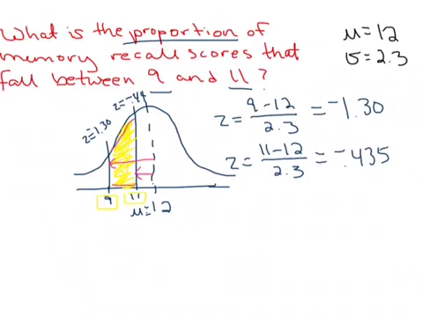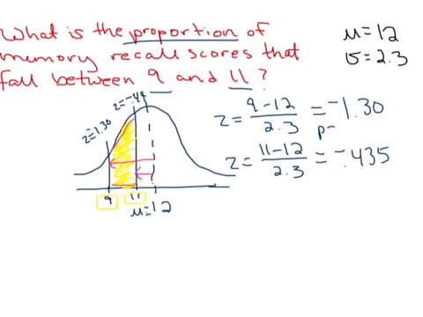So if you look in your unit normal table for 1.30, in that column B, between mean and z, you should get a proportion.